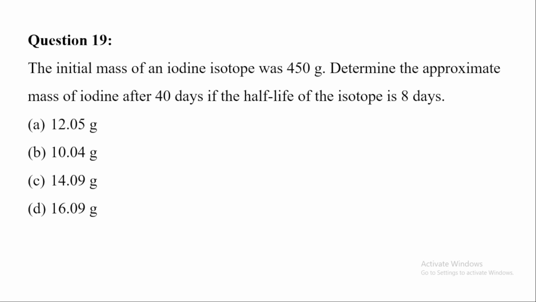Moving to the next question, question number 19. Initial mass of an iodine isotope was 450 grams. Determine the approximate mass of iodine after 40 days if the half-life of the isotope is 8 days. Now again, how do we solve this question?